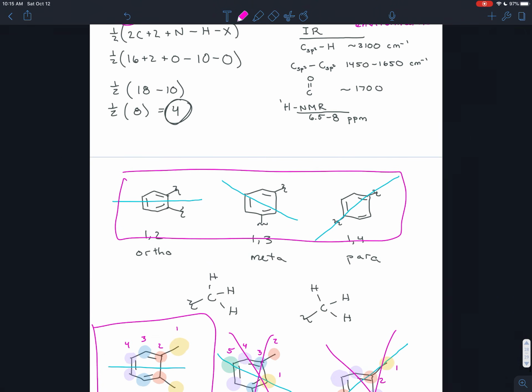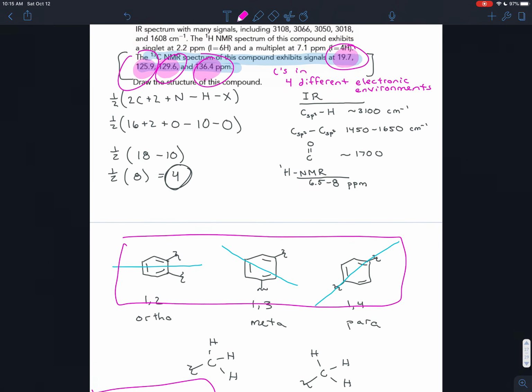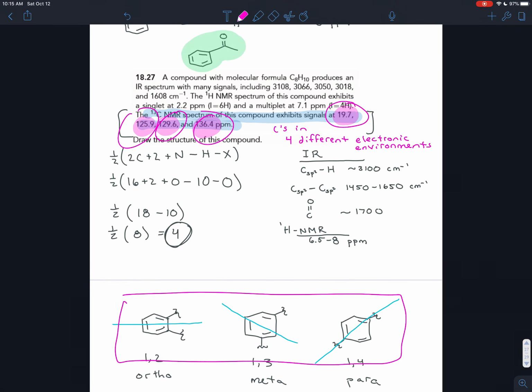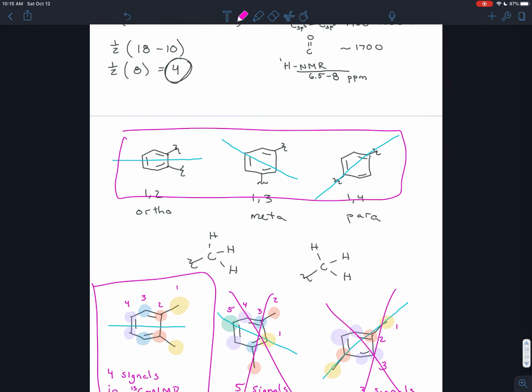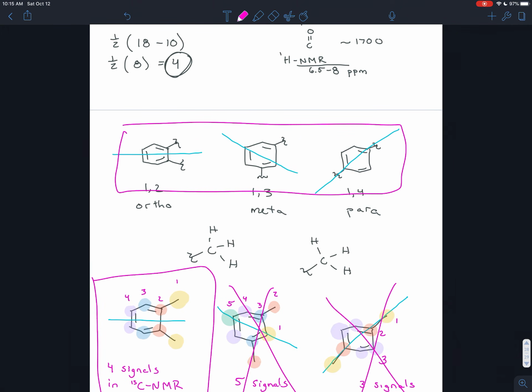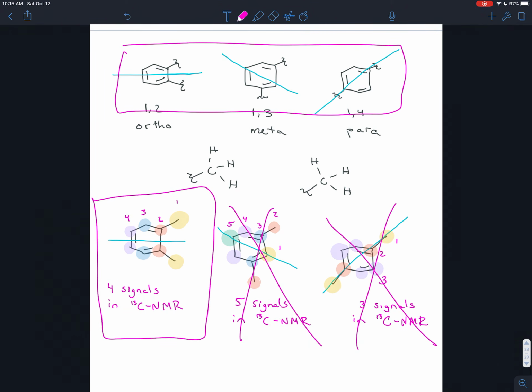Based on the integration for the proton NMR, we knew that it had 2 branches, so that narrowed it down to ortho, meta, para. Looking at the atoms that were left, we had 2 carbons, 6 hydrogens. There was only one other signal with 6 hydrogens in it. The only way to have 6 hydrogens in one signal, on 2 carbons, is to have 2 methyl groups. So those were our branches.